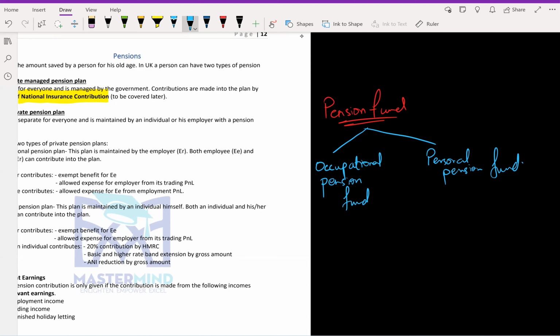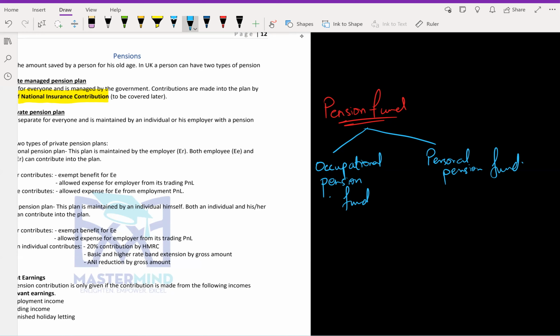They actually contribute a percentage towards the retirement of the employee as well, right? So for that, your employer, where you're employed, will open up a pension fund in your name, and you and the employer both can contribute in this pension fund.